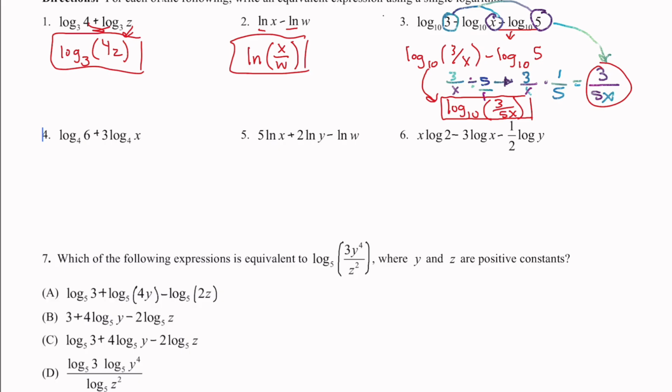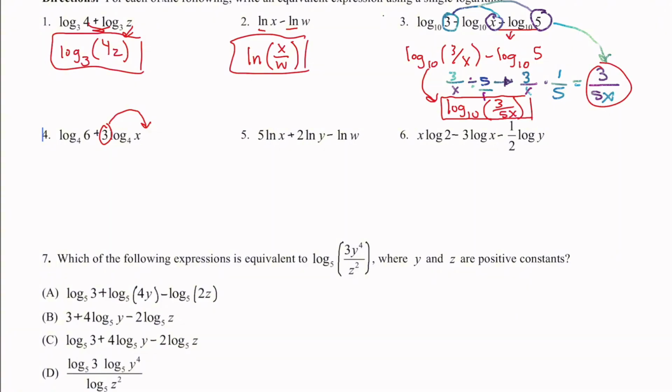The power property tells us that when there's a number in front, it's the same thing as moving that number to be the exponent of this number. So basically, if I erase what I just wrote, 3 can be moved to be the exponent of x.